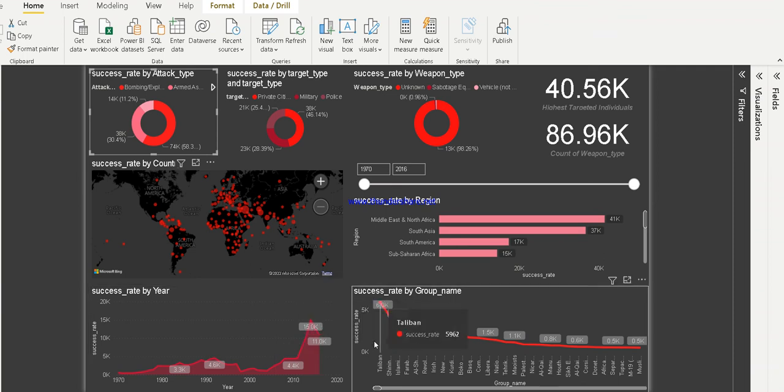The next one is the type of group responsible for the terrorist attacks. Number one is the Taliban, a Pakistan-based terror group, which has the highest ratio.